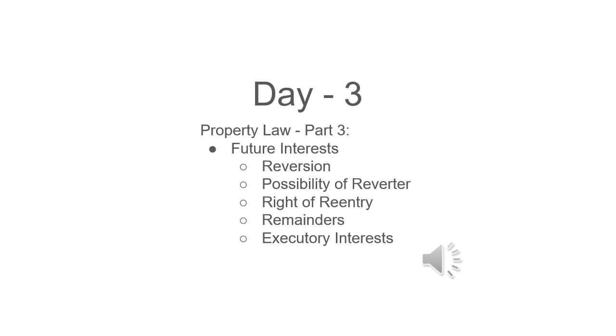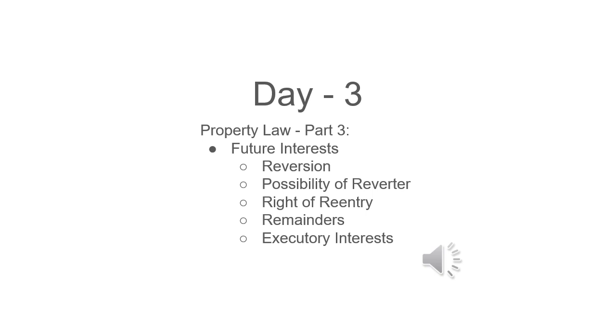Looking at remainders. Of note is that a remainder never follows a fee. So when discussing remainders, we think of life estates. In the context of a life estate, a remainder is a future interest held by a grantee capable of becoming possessory upon the expiration of a prior possessory estate of known fixed duration.